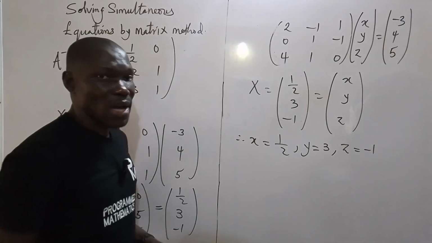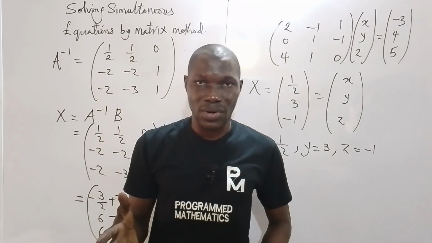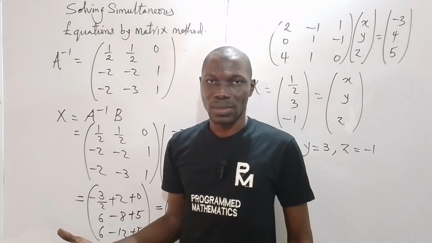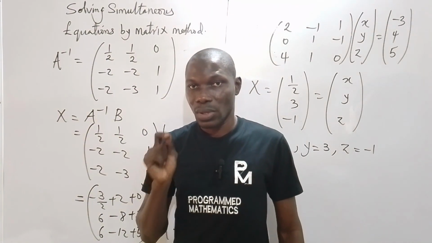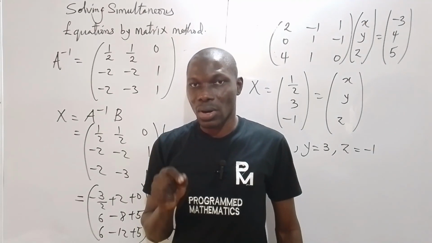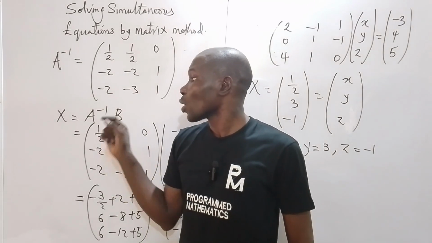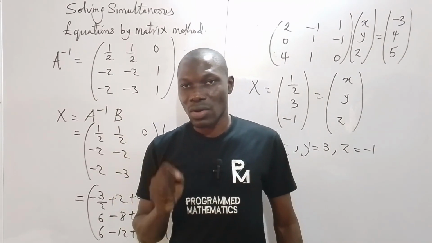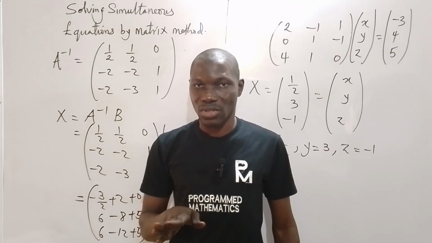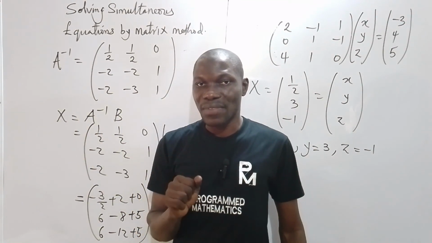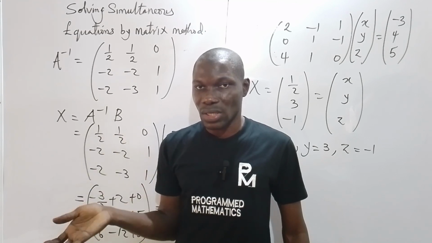All right, so if you are given a simultaneous equation in 3 variables to solve using the matrix method, it's not more than this. Don't forget the first step: obtain the determinant of the matrix of the coefficients. Second, obtain the adjoint of the matrix of the coefficients. Once you have the adjoint, obtain the inverse.